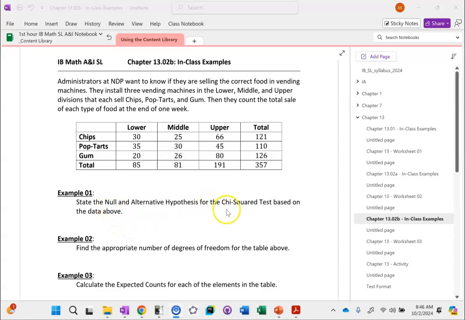State the null and alternative hypothesis for this chi-squared test. Who can do this? Luca. So what would you call this variable?